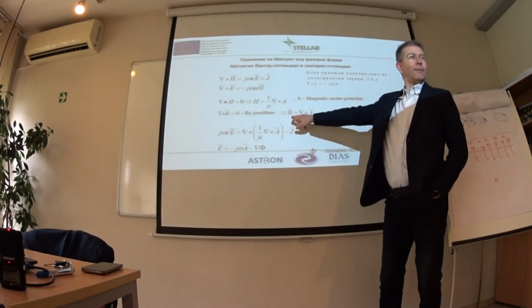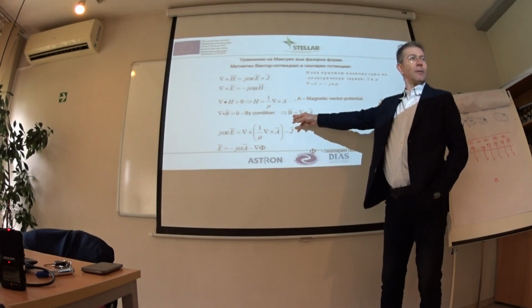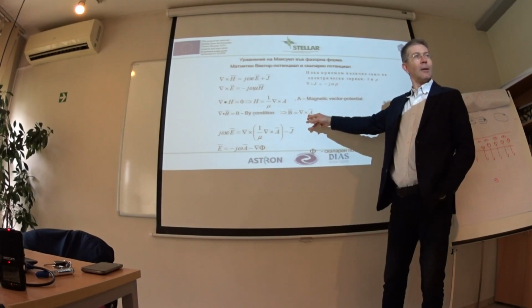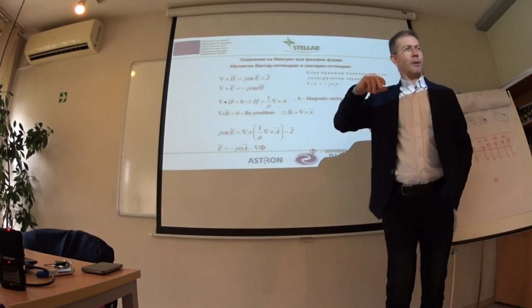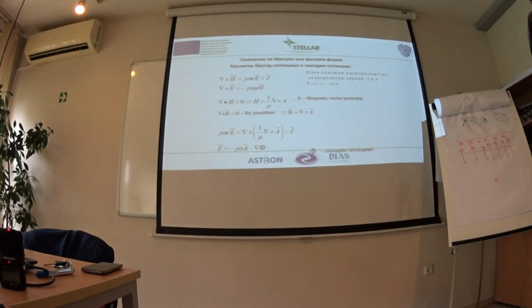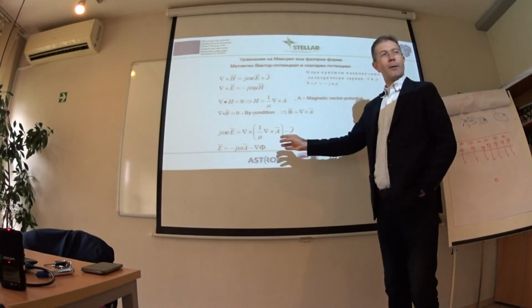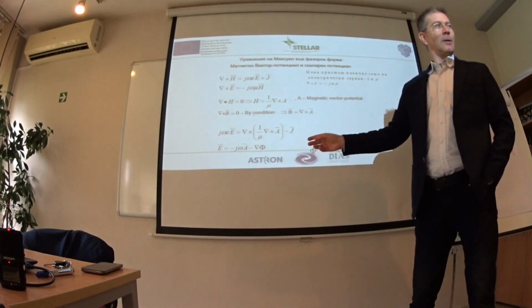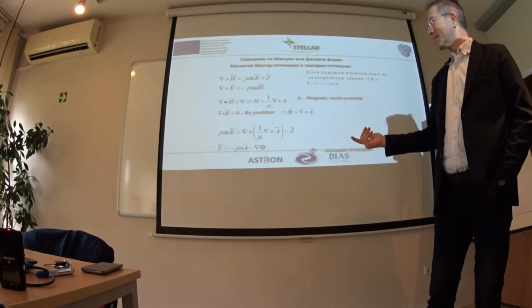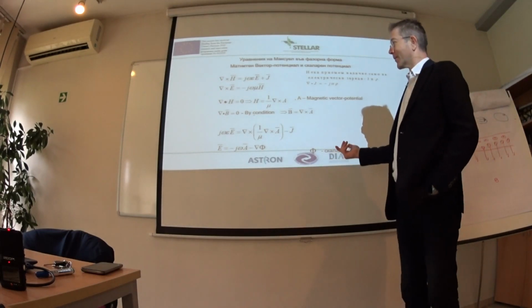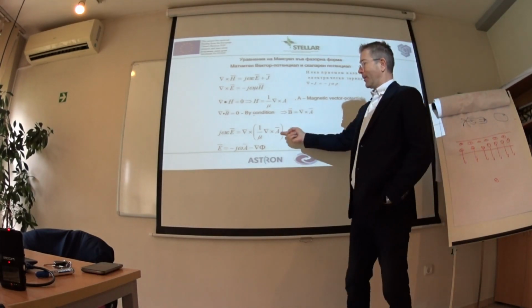And we can derive the magnetic field simply. Just apply the rotation operation over our imaginary vector, and we get our magnetic field. And then we can put this magnetic vector everywhere in the Maxwell equations where we need it. Like here.